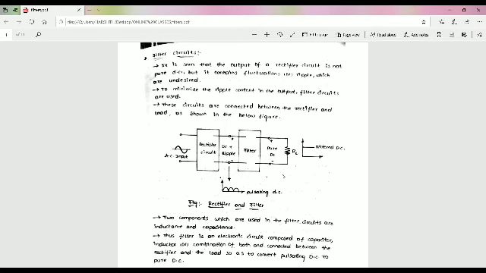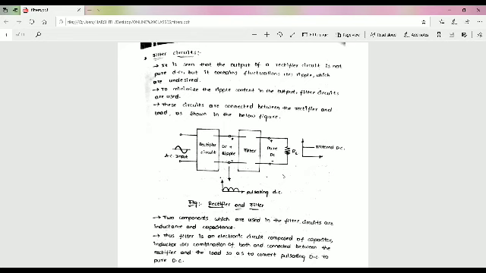Similarly, the capacitor acts as open for DC and almost short for AC, if the value of the capacitance is sufficiently large.